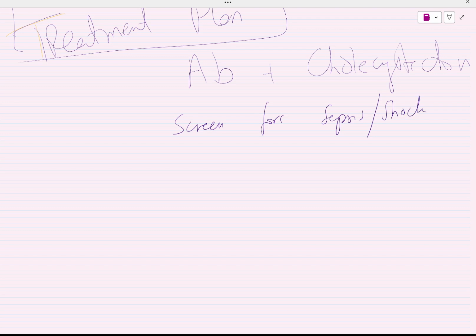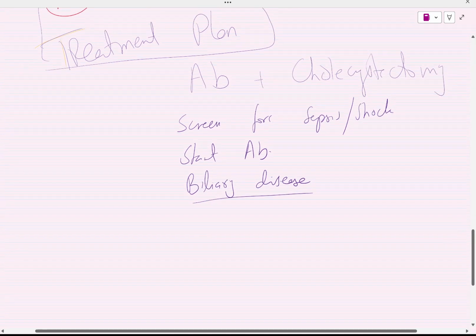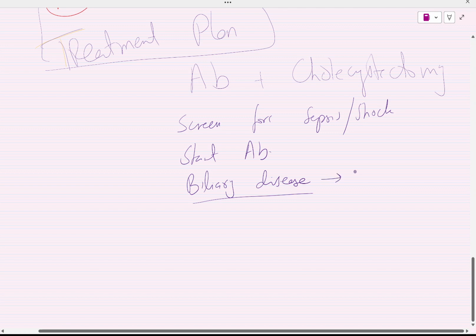Next, if a patient comes to you with acute biliary infection, you are going to start antibiotics immediately. As bile is stored in the gallbladder, you know the function of the gallbladder. If a patient comes to you with biliary disease, we will provide initial support.